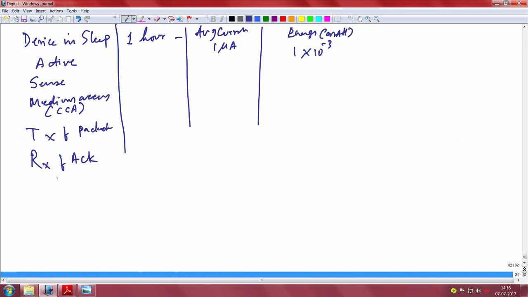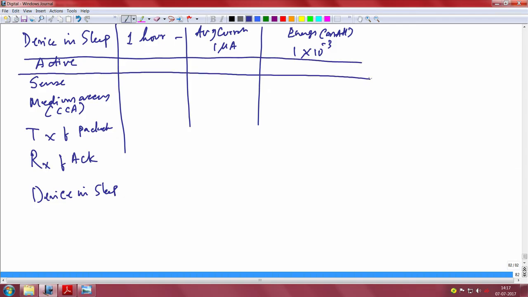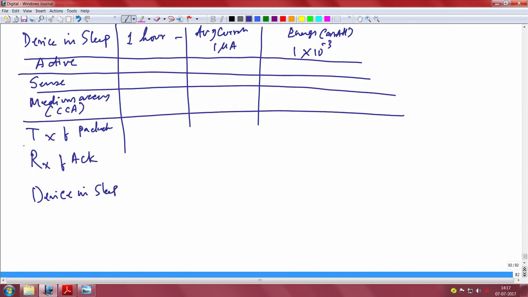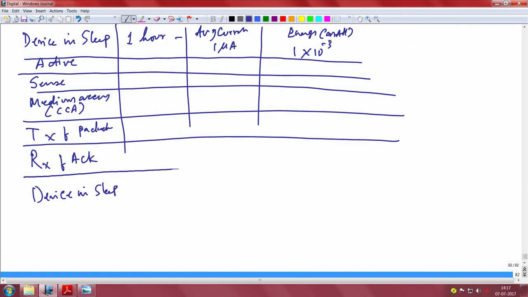Then you go back to device in back to sleep. So you have to fill up all this. So let us do this: active, sense, medium access, transmit, receive, and so on.